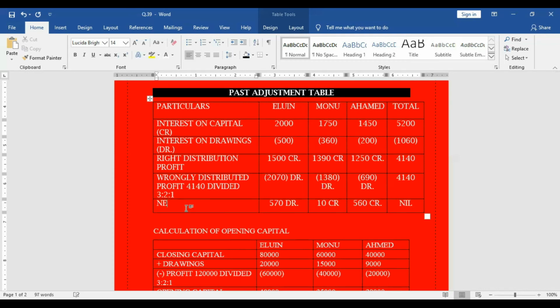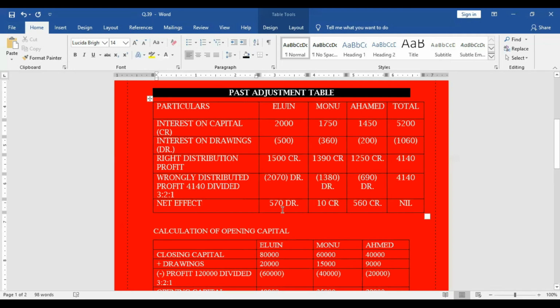The net effect is the adjustment journal entry. The right distribution amount for Yelun is 1,500, but they have wrongly distributed 2,070. So there is an excess distribution of 570.